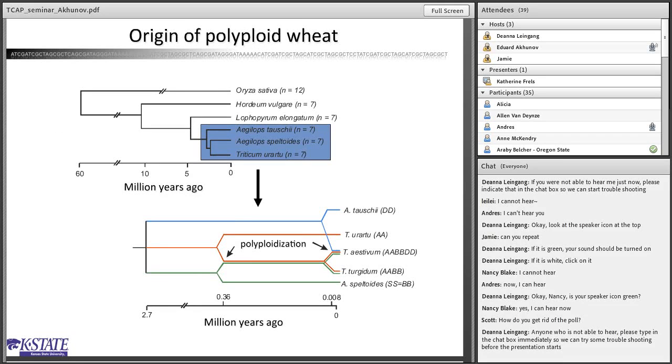So something about the origin of polyploid wheat. It's a relatively young polyploid species. Its diploid ancestors originated about 2.7 million years ago.